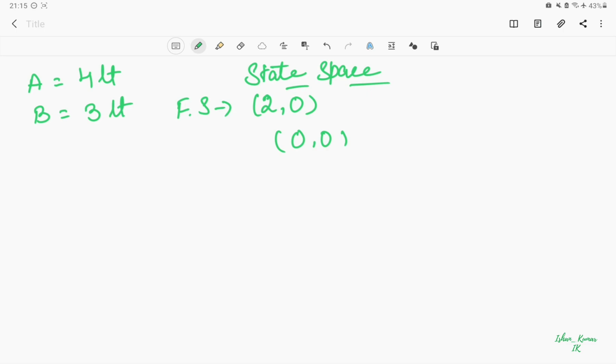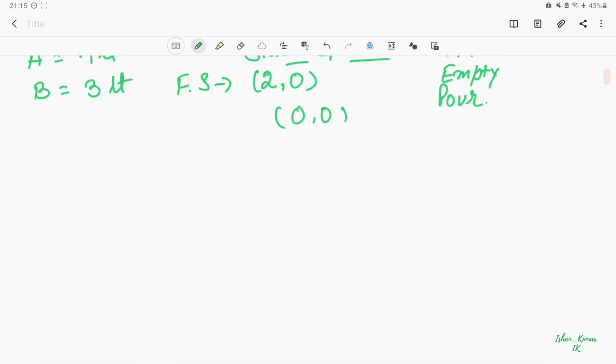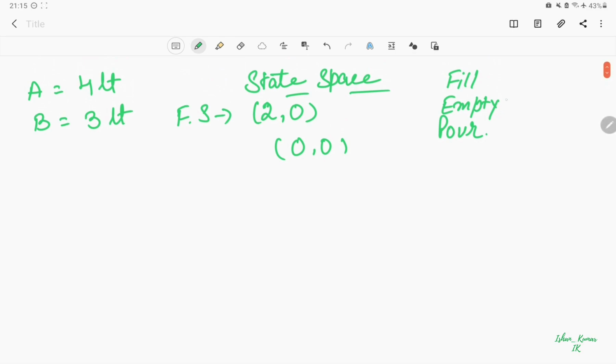Now the applicable actions we will apply on each node will be fill, empty, pour. So starting from 0, 0, if we apply empty, both the jugs are at 0 capacity here, so we cannot empty them furthermore.